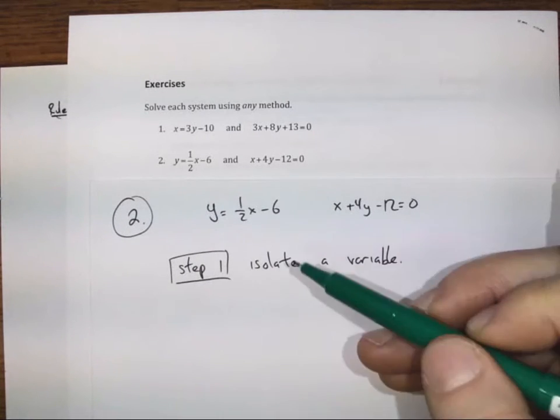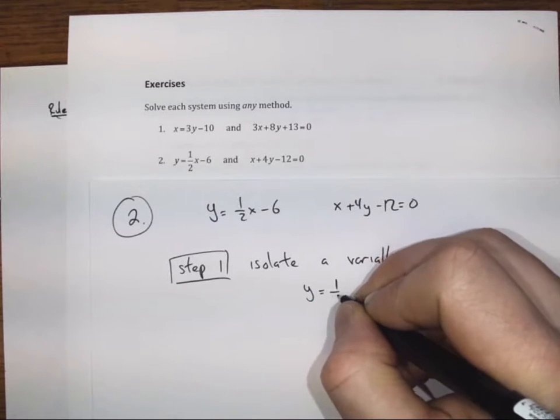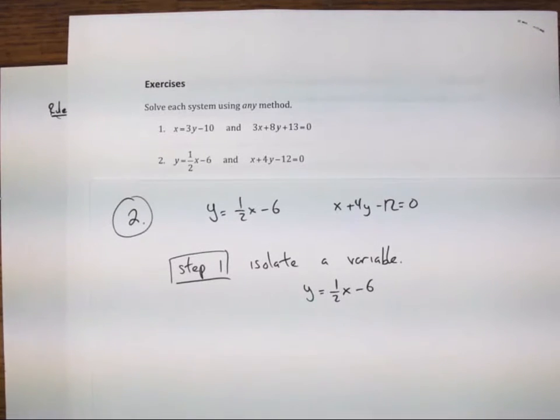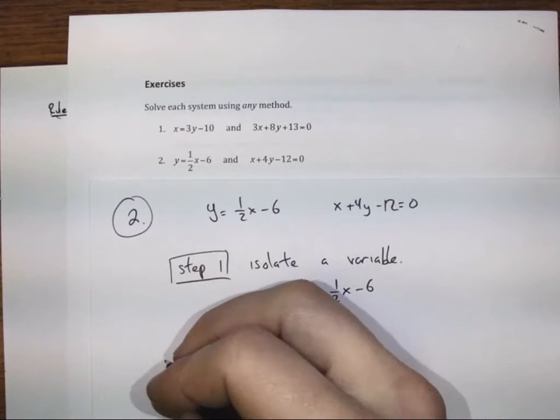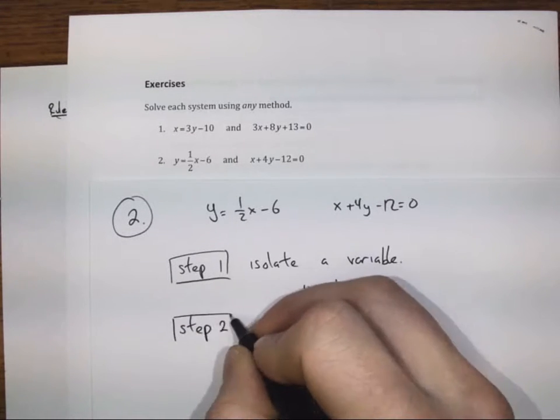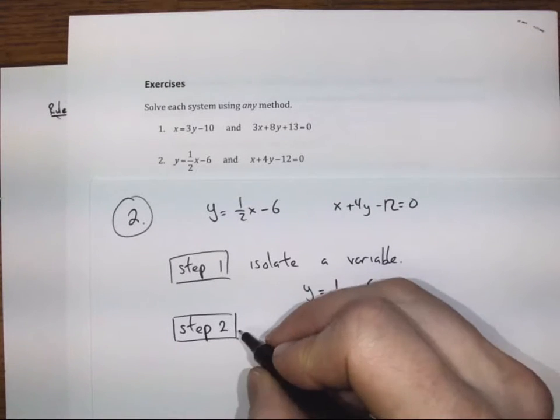It looks like this one is already isolated, so we have a y isolated already. So that's the variable we're going to isolate, which is to say we're not going to do any isolating. Okay, we get to move straight on to step 2. So step 2 is we are going to substitute.